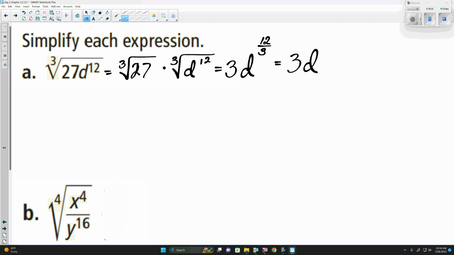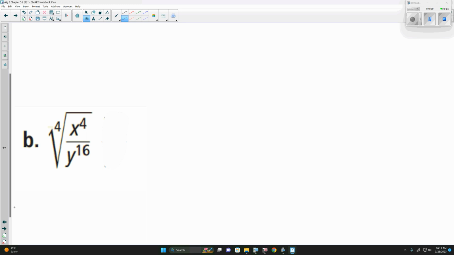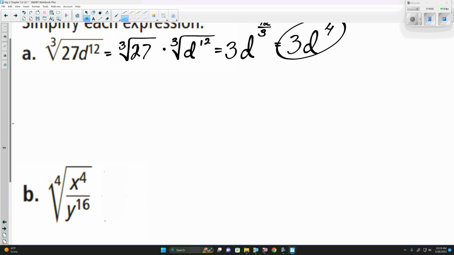Now 12 divided by 3 will simplify to 4. Now we don't need the absolute values around our variable d because we have the 4th power. If it was negative, the 4th power will make it positive. If it was positive, it'll stay positive. Questions on any of this here? We good with this one here? Yep. Let's look at the next one.